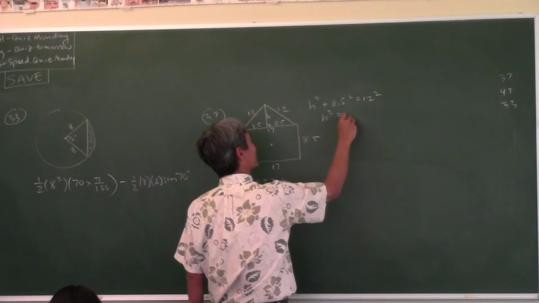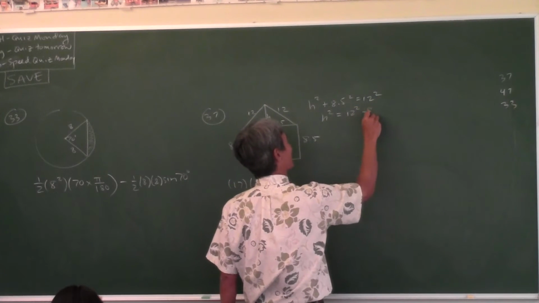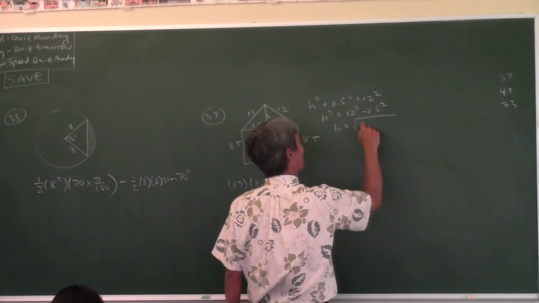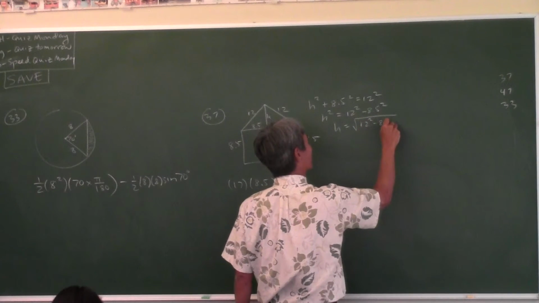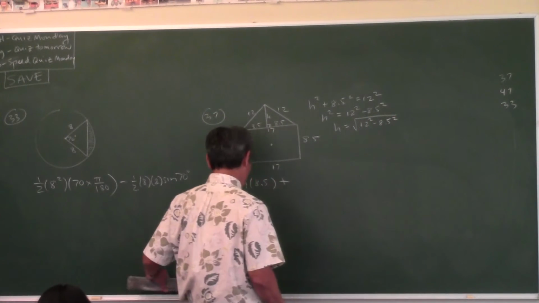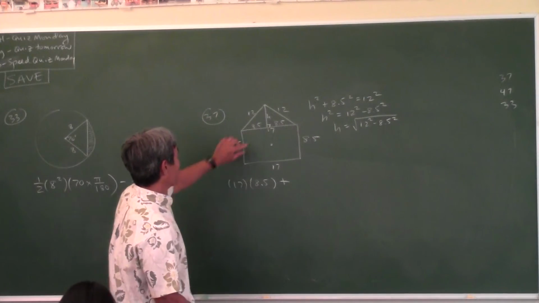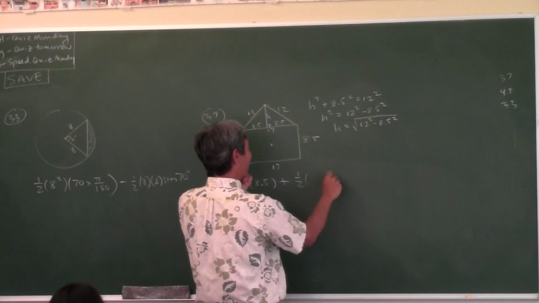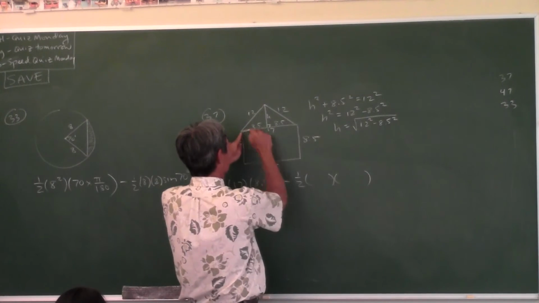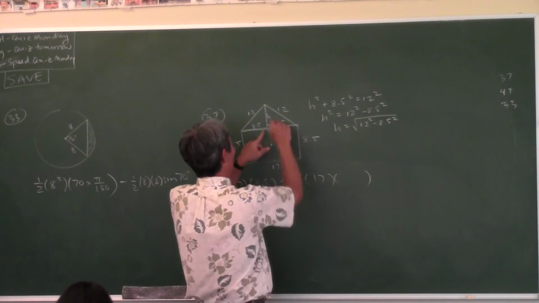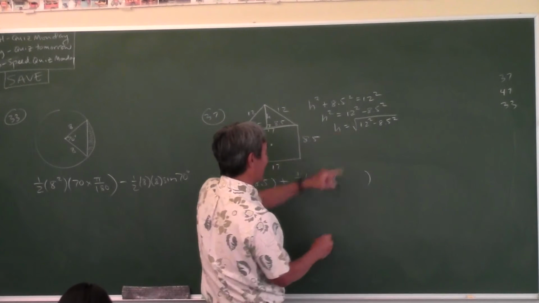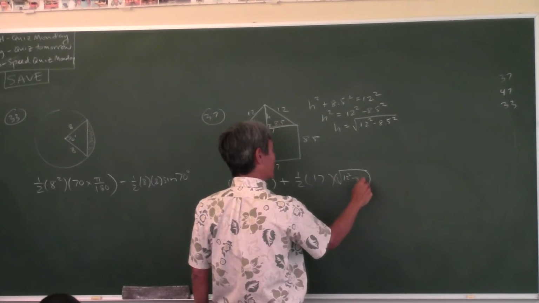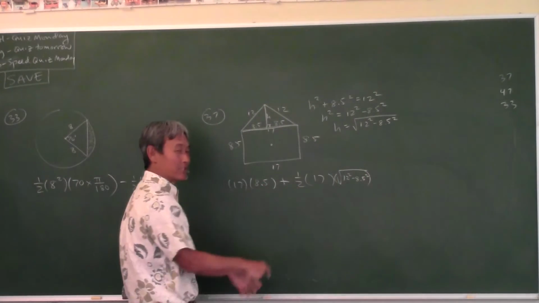So h squared is equal to 12 squared minus 8.5 squared. So h is equal to the square root of 12 squared minus 8.5 squared. And then you can punch that one in on your calculator. So the area of this triangle up here is simply 1/2 base times height. What's the base? 17. What's the height? That thing there. Square root of 12 squared minus 8.5 squared. And then punch it in your calculator.